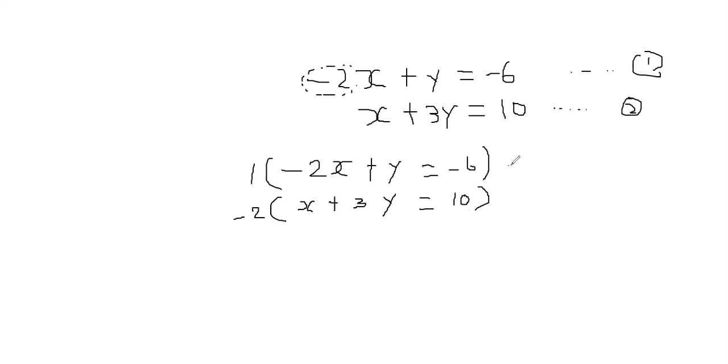Good, let's multiply. So 1 times anything will give the same thing, right? So 1 times this entire equation will result in the same equation, right? So 1 times -2x will give us -2x. 1 times y will give us y. And 1 times -6 will give us -6. Here, -2 times x will give us -2x.